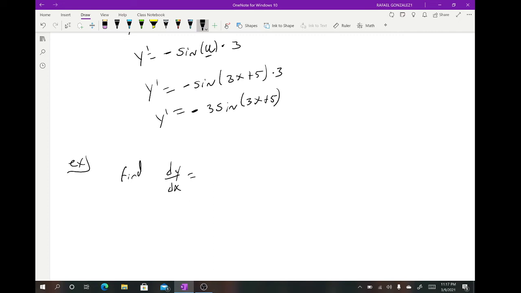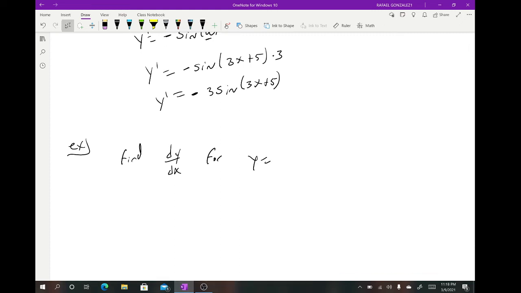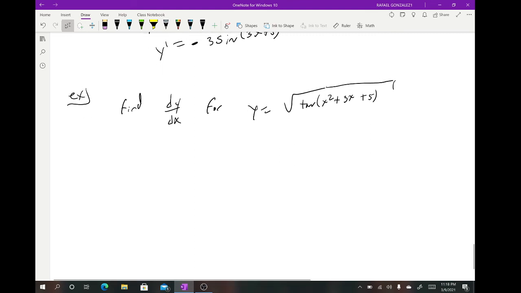Well, find dy dx for y equals the square root of tangent of x squared plus 3x plus 5. This problem is going to be a little bit more tricky. So here we have u, and just to keep it with the formula, I'm going to use f of u.